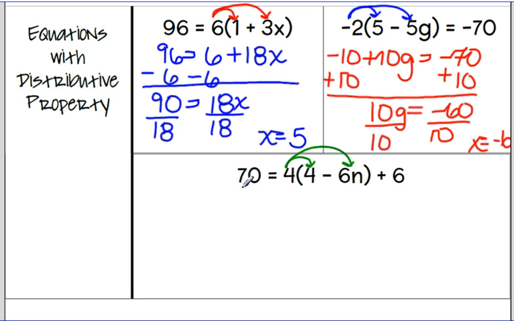It doesn't get the 4 distributed. So we would have 70 equals 4 times 4 is 16. 4 times a negative 6n is negative 24.